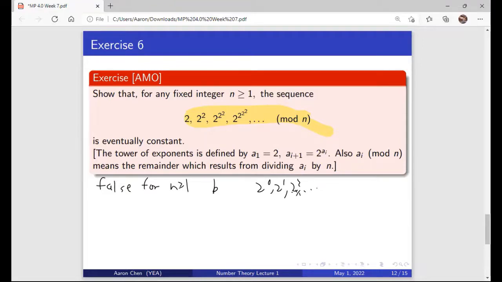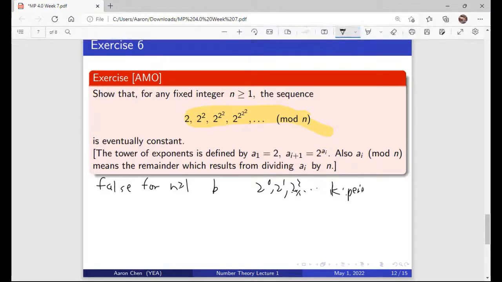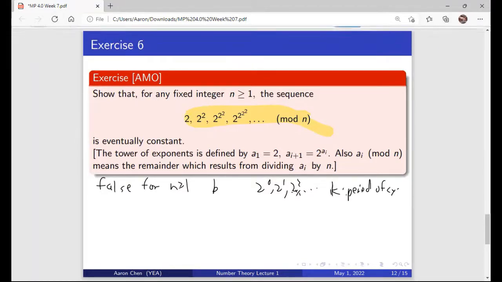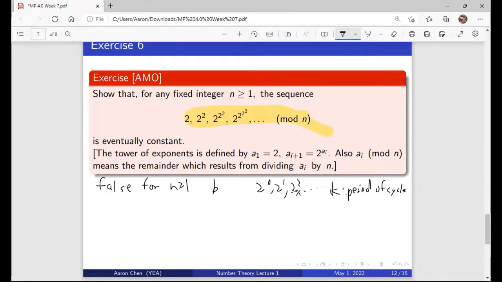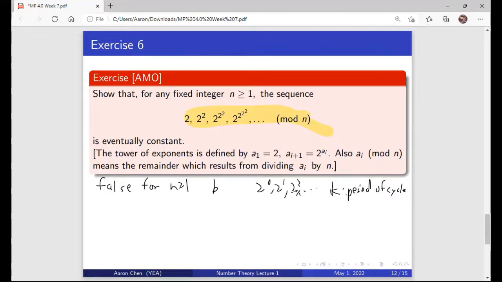So we have b, the period of the cycle, and there are k minus 1 non-zero residues mod b. So k is between 1 and b minus 1.